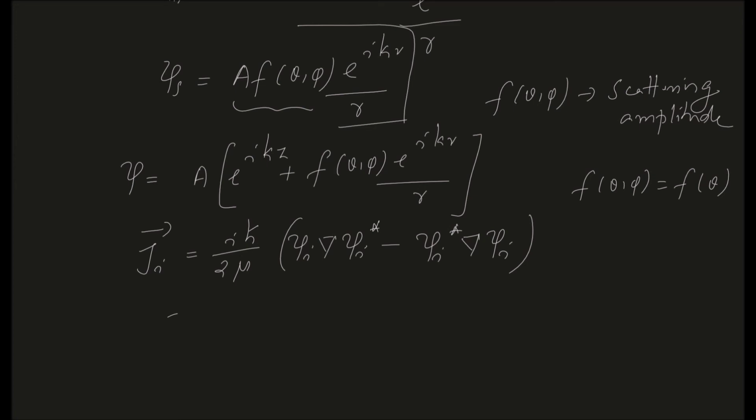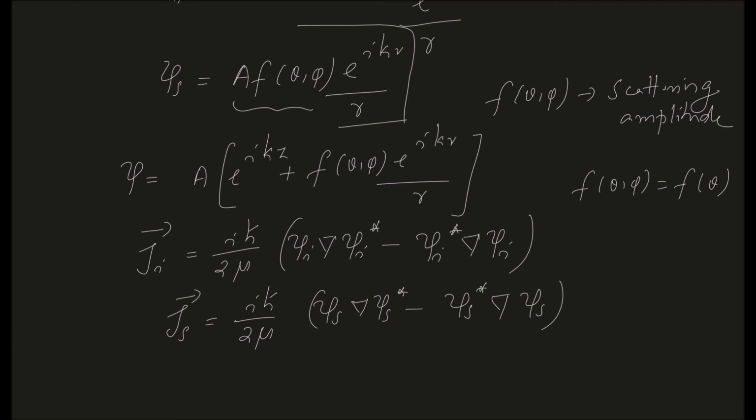And for the scattered beam, let's write Js. This is also given by i h cross by 2 mu, psi s del psi s star minus psi s star del psi s.